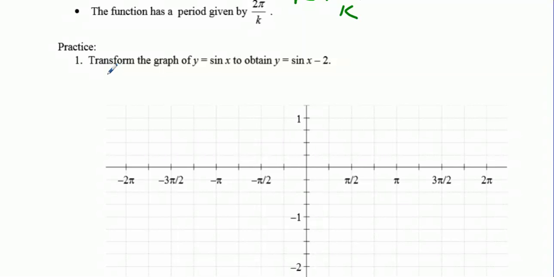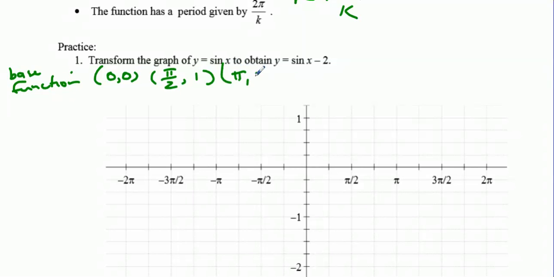So if you want to do it with key points, like you know that it's 0, 0, and then pi by 2. I'm talking about the base function here. Okay. So the base function has these key points. Pi by 2, we go up to 1. Pi, we go back down to 0. 3 pi by 2, we're over at negative 1, and then we come back up to 0.